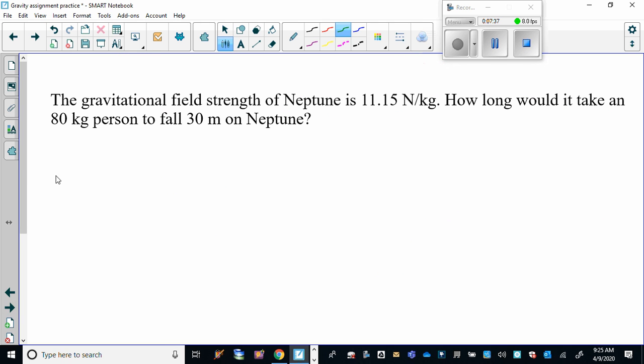Good pun. The gravitational field strength of Neptune is 11.15 newtons per kilogram. How long would it take an 80-kilogram person to fall 30 meters on Neptune? So what have we got here? We've got g.